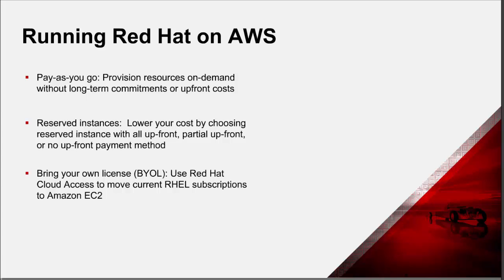Or if you bought the license yourself and just want to move your workload into the cloud, you can bring your own license, where you have previous support licenses and move those into the Amazon EC2 cloud. And reserved instances is something in between, where Amazon provides you with the licensing and you pay them upfront for reserved instances.